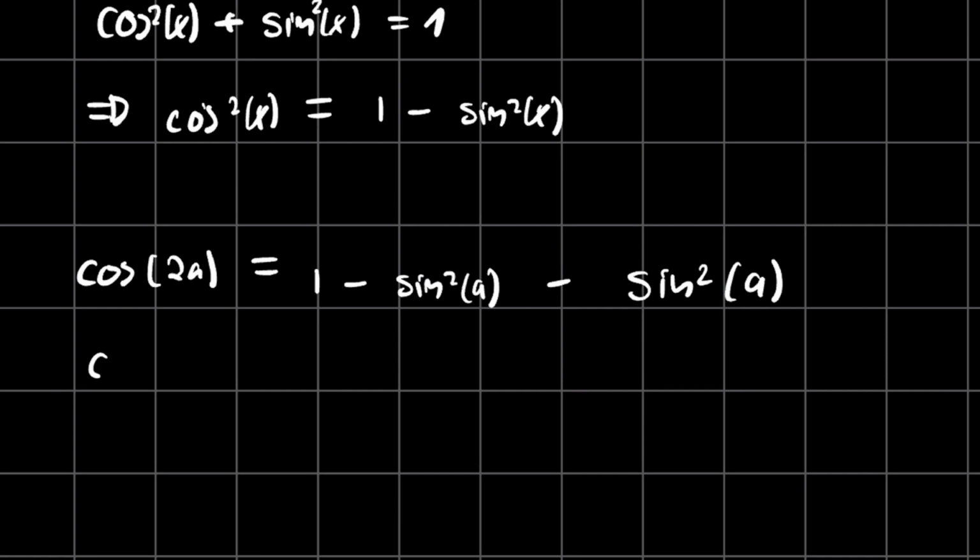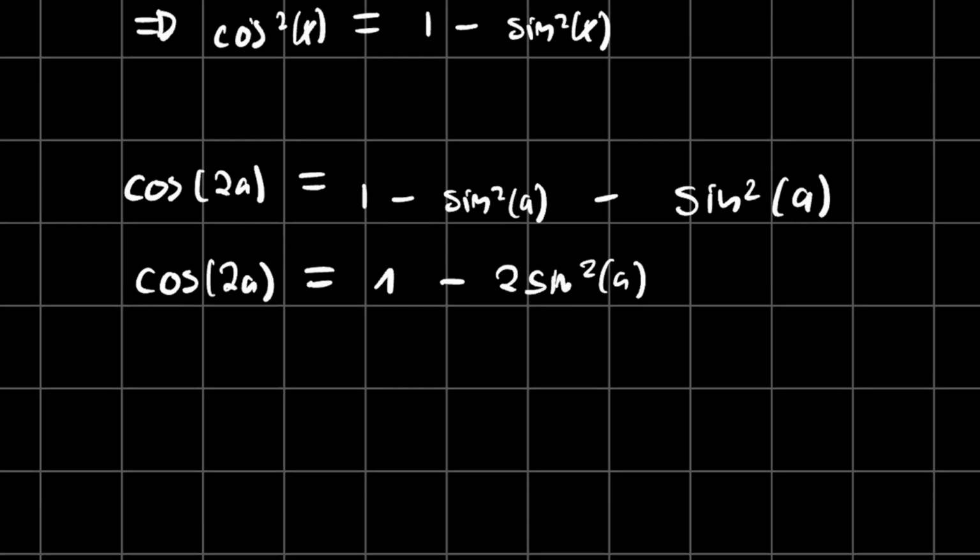Same thing: cosine of 2A equals 1 minus 2 sine squared of A. Now we move everything to our left, so that is cosine 2A minus 1, and then times minus 1/2.